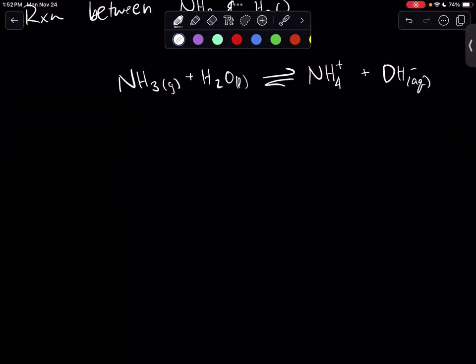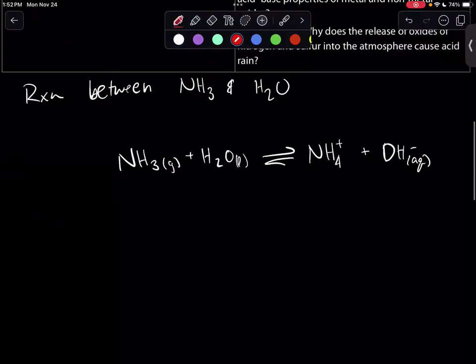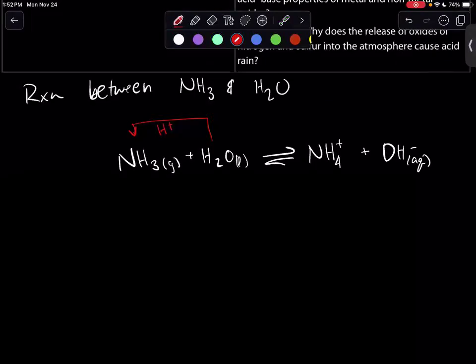And that's our hydroxide. So we noticed before that water donates its proton, H plus, to the ammonia, and therefore this is our base. It's accepting the proton, and this is our acid. It is donating the proton. So we've already learned about this.